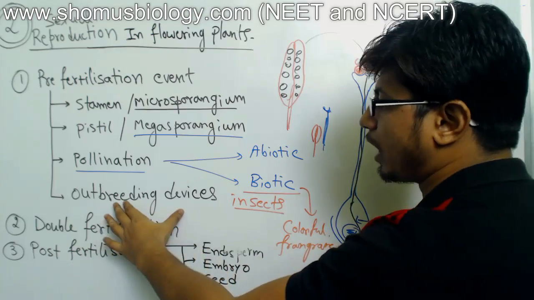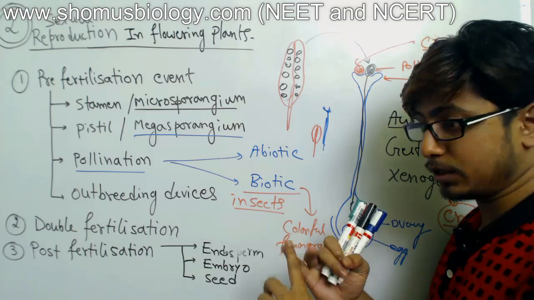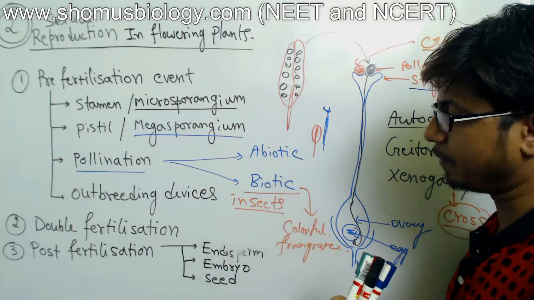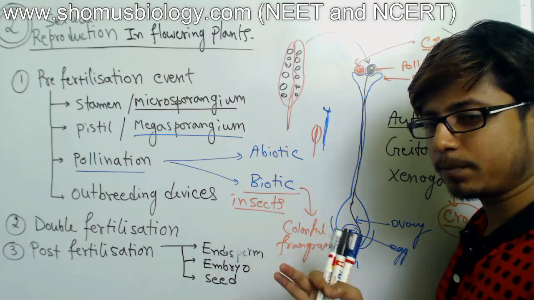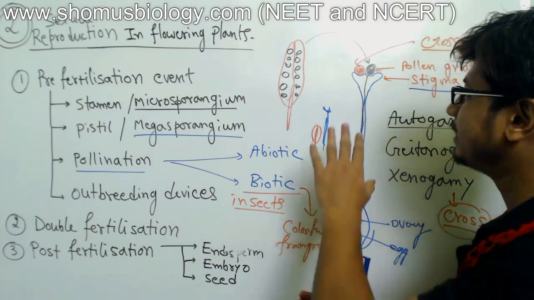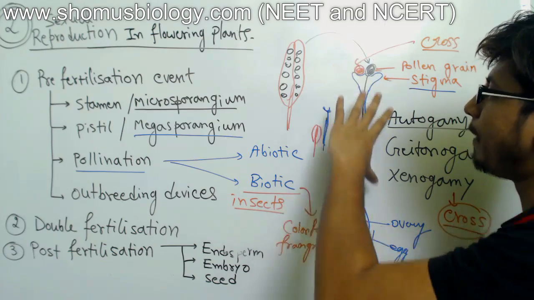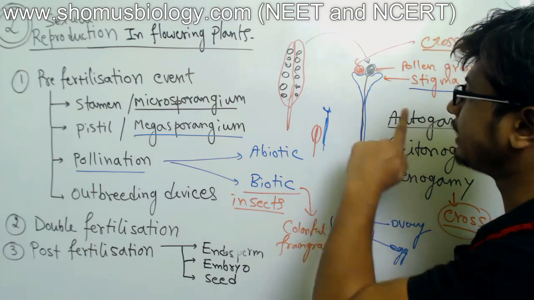So these are the 4 outbreeding devices that we talked about. One is the change in the morphology and the position of male and female parts, second is a change in timing for the process of double fertilization, third is changing the behavior or the chemical pathway with which the pollen grain can be recognized by the female part.